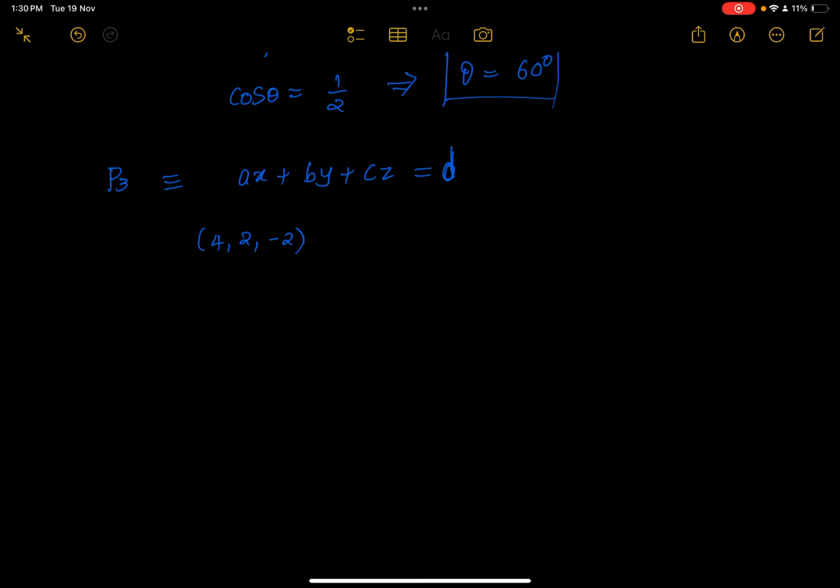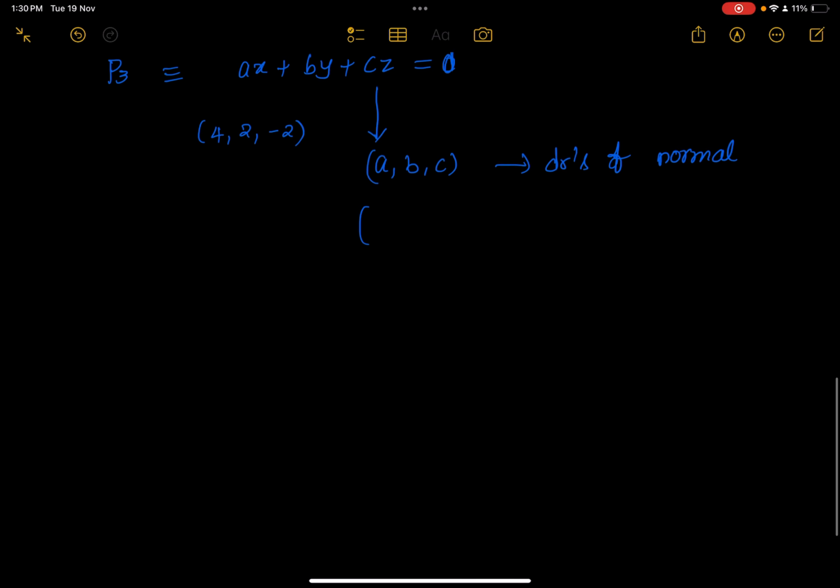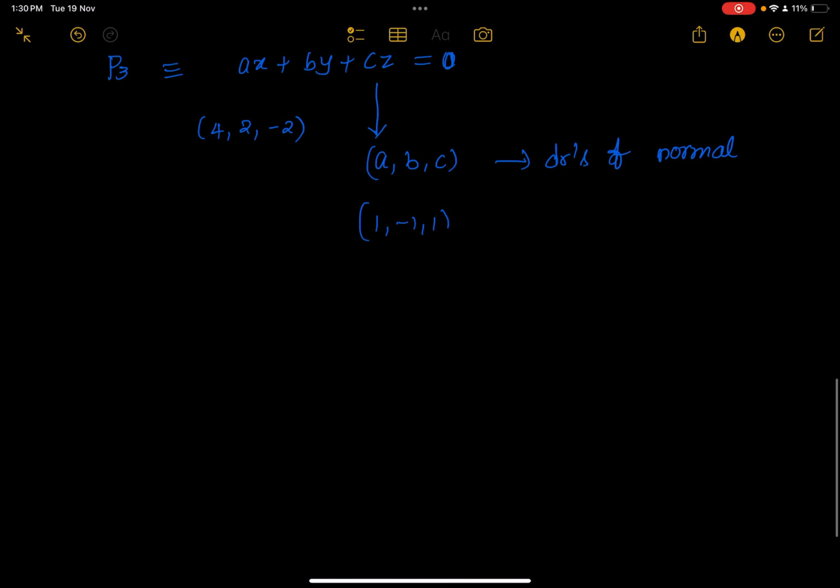So the DRs of the normal to this plane will be a, b and c. Here we have found 1, minus 1, 1. These are the DRs of the line of intersection of P1 and P2.